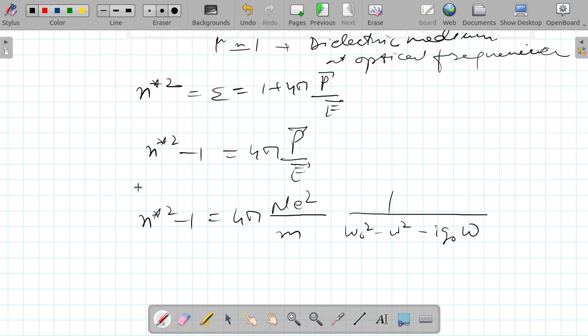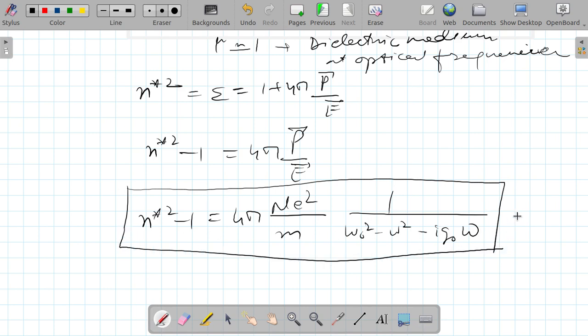So this is the equation for the refractive index.